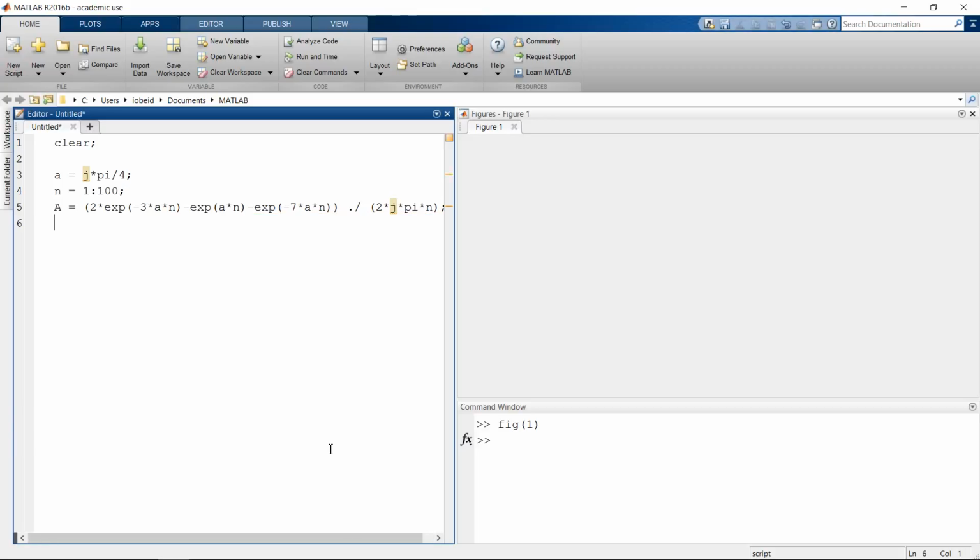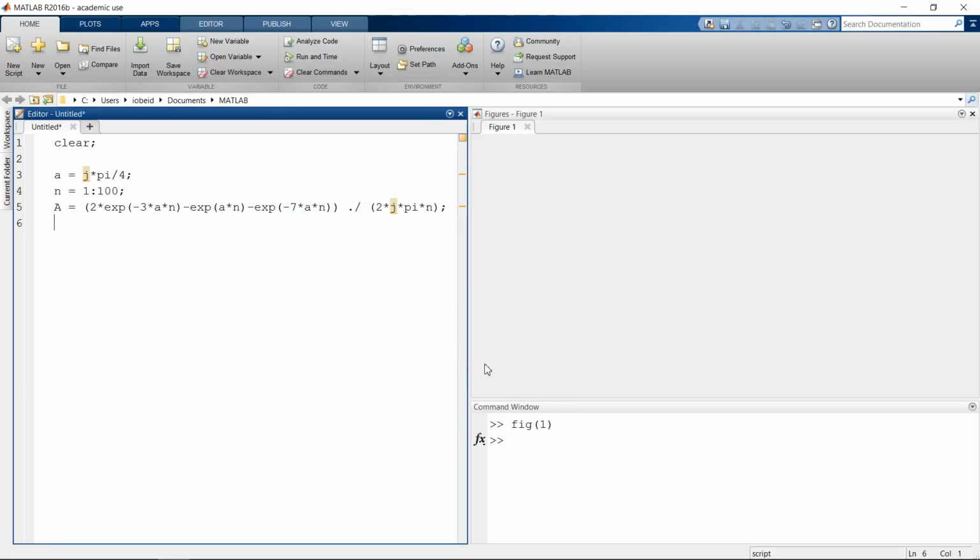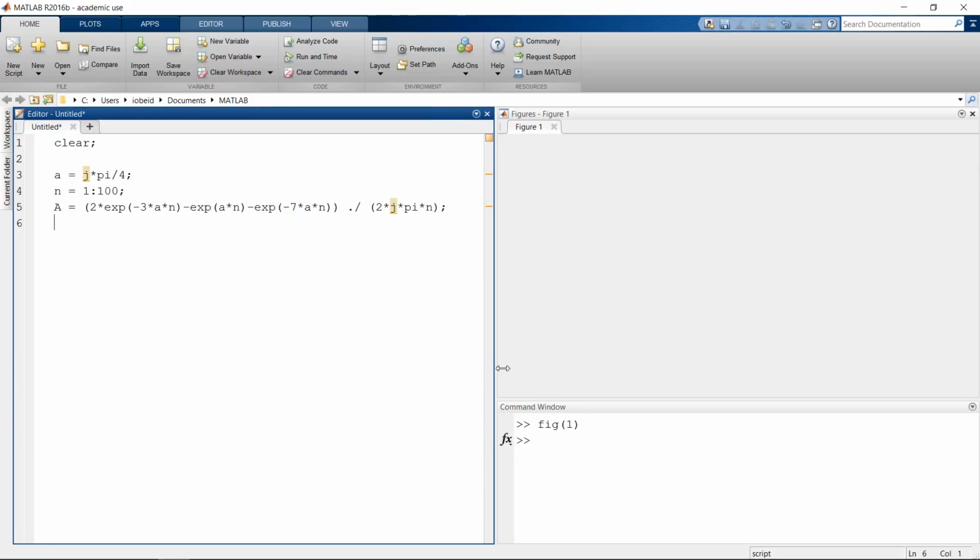Before we plot A, let's plot the cosine itself and make sure we typed this equation in right, because if we didn't, it's not even worth doing the plot.